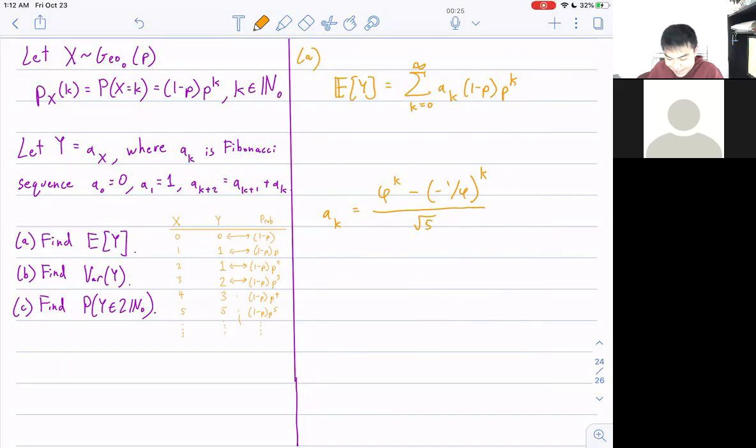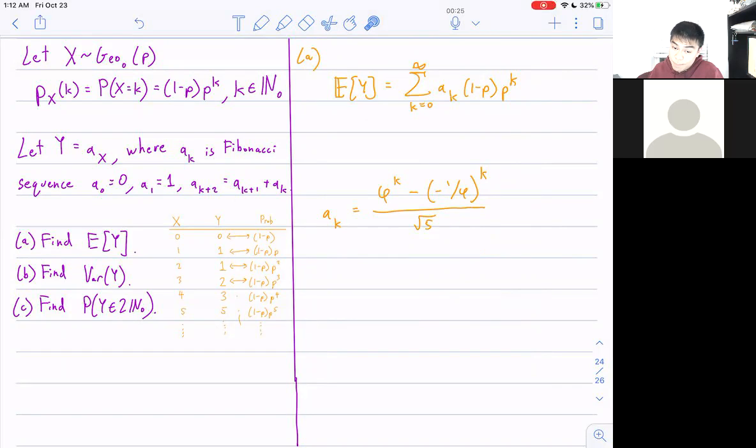Now, this, when plugged in, does help. You can do this directly, but the way I want to approach this is actually to use the definition of the Fibonacci sequence to give me some kind of functional relationship that involves expected value of y on both sides of the equation and solve for that. That's the more beautiful way, in my opinion.